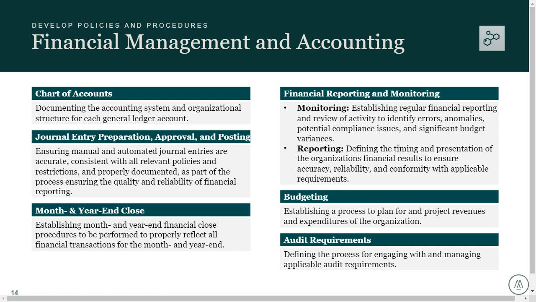So making sure that you have a well-organized chart of accounts for your general ledger, a process in place to ensure that any revenue or expenses or other transactions are being entered into that system correctly, that there is an approval process in place to make sure that nothing slips through the cracks and that everything looks compliant.